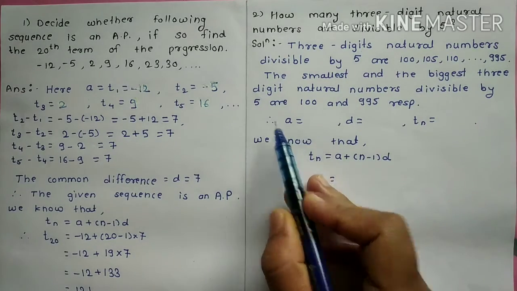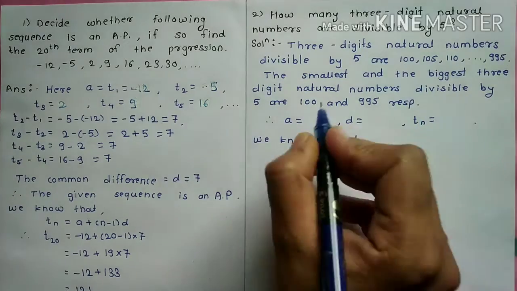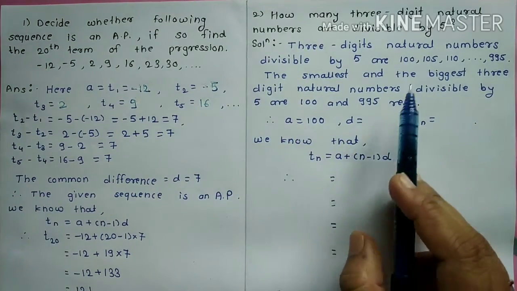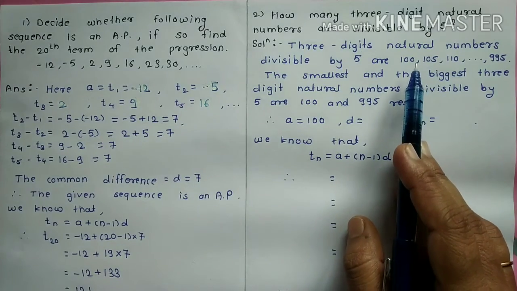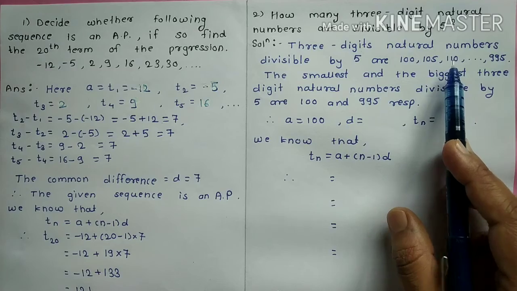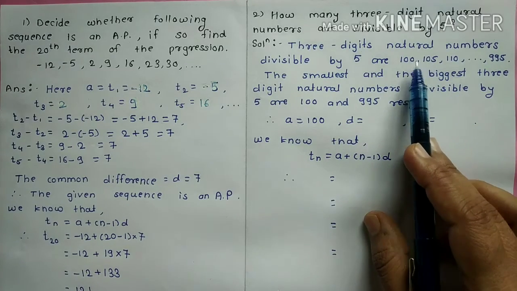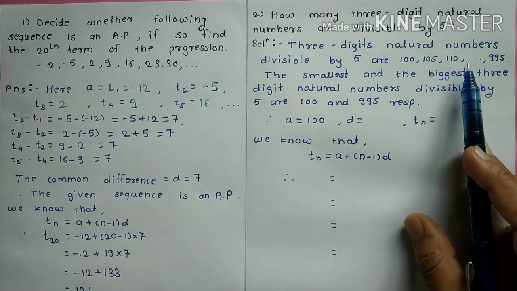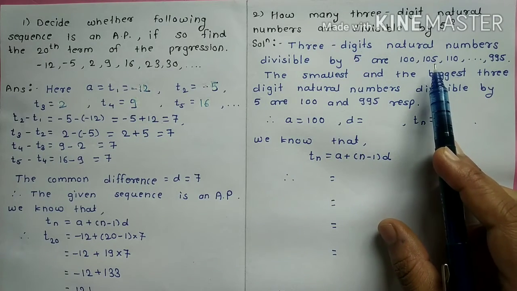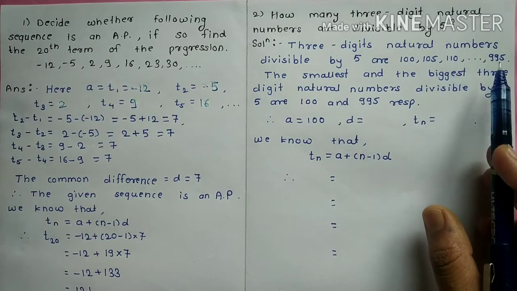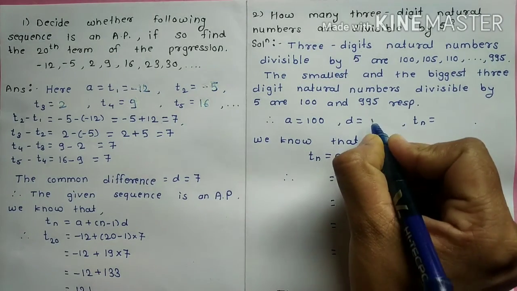Therefore A, the first term, is 100. Here D means common difference, and the difference between two consecutive terms is constant, that is 105 minus 100 equal to 5, 110 minus 105 is equal to 5, so the difference is constant, that is 5.